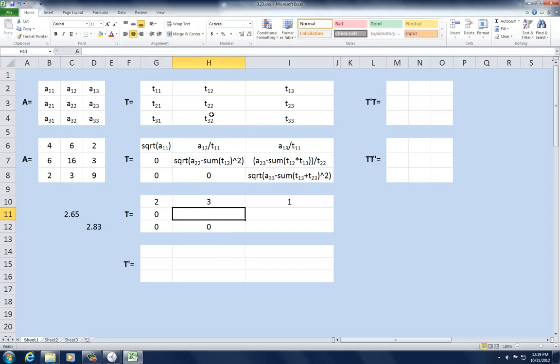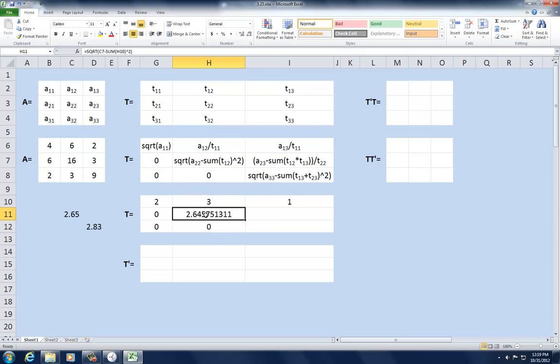So let's get the second diagonal, T sub 2,2. It gets a little more complicated. So this is equal to the square root of A sub 2,2, which is 16, minus, it's a summation, T sub 1,2, which is this 3 here, and that's squared.